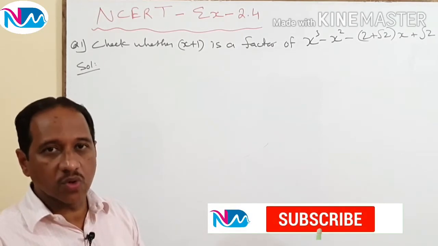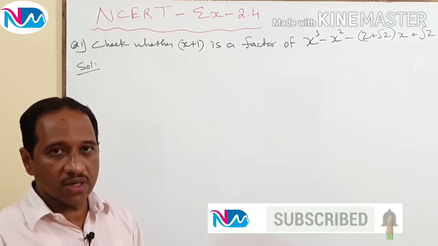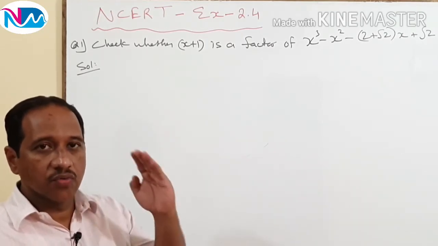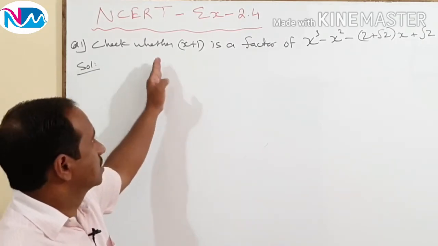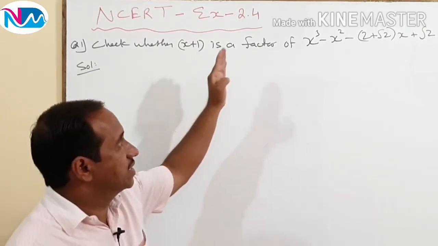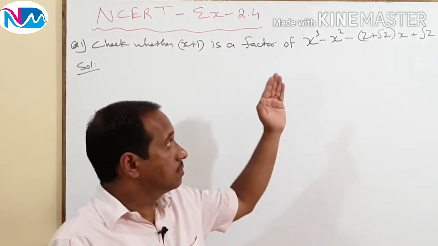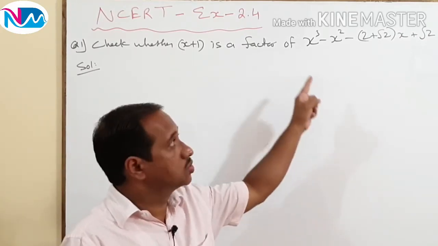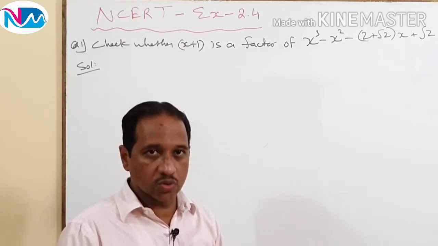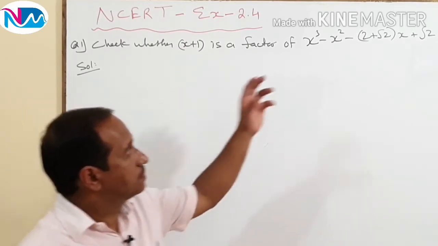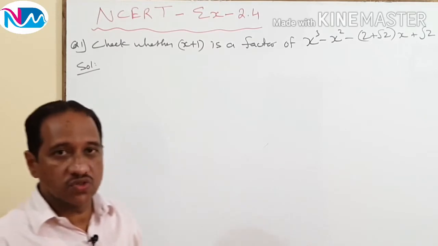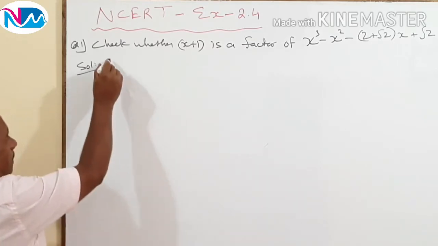There are 4 sub-questions under question number 1. So, here we consider the fourth one. Check whether x plus 1 is a factor of x cube minus x square minus 2 plus root 2 into x plus root 2. Here, we represent this polynomial using P of x.